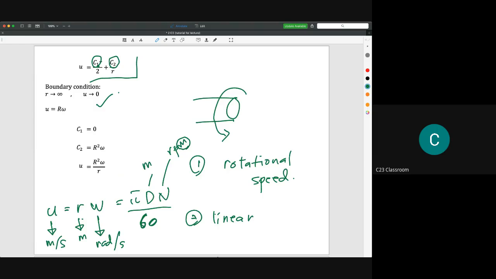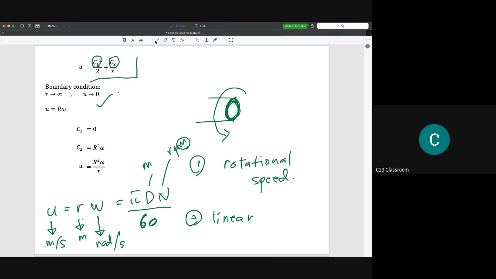Okay, so if you put everything together, for example here, this is the outer surface and this is the lower one. The idea is that r going to infinity will lead to u equal to 0.